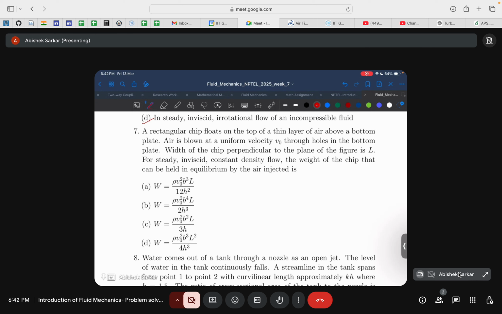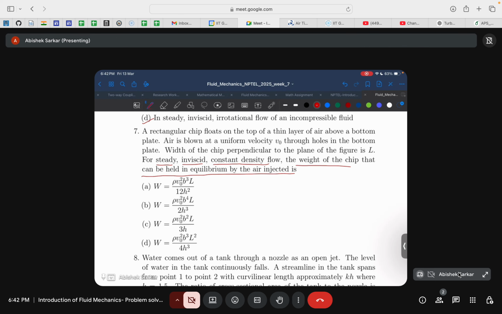The width of the chip perpendicular to the plane of the figure is L, and for a steady inviscid constant density flow, the weight of the chip that can be held in equilibrium by the air injected is, that's the question.